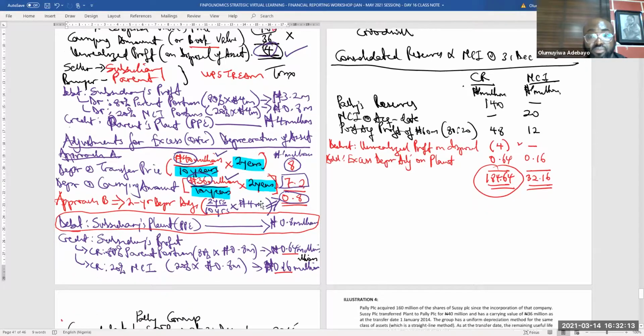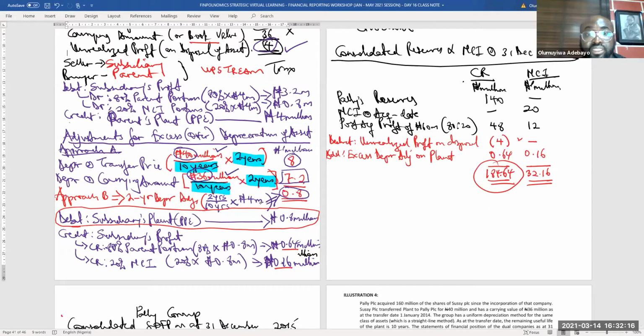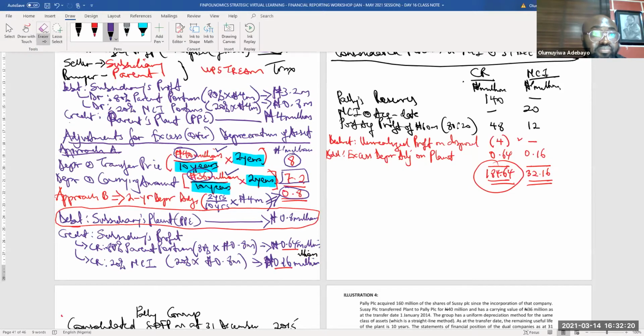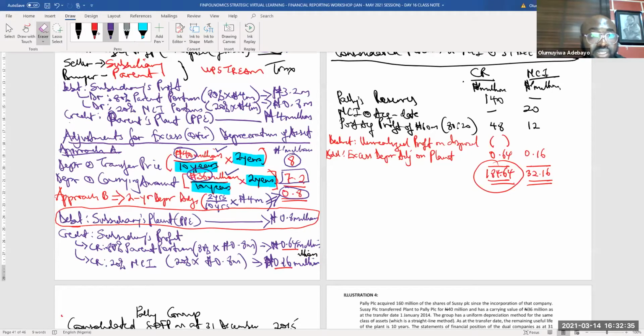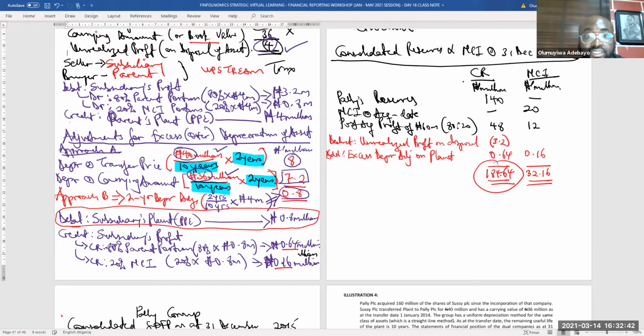Therefore, this 3.2 and 0.8 affects this entry. Instead of here that only 4 million was charged to the parent, now the 4 million will be shared between the parent and NCI. Parent is 3.2, NCI is 0.8, that make up the 4 million.